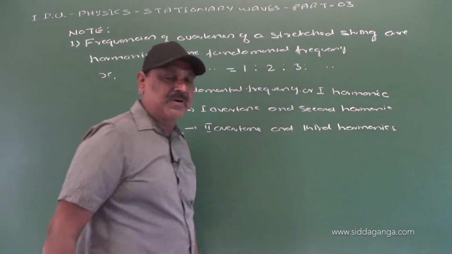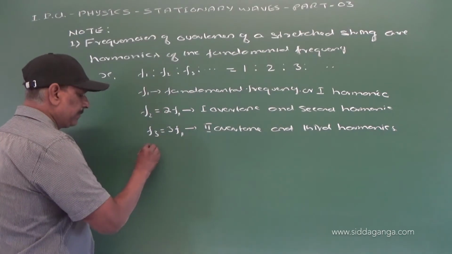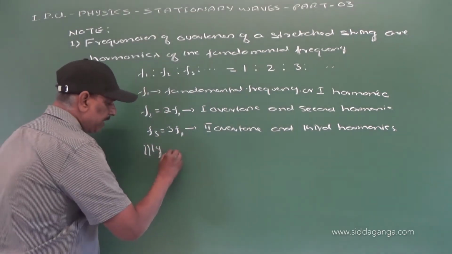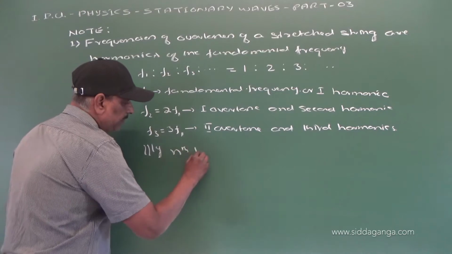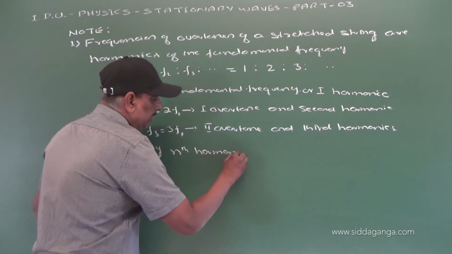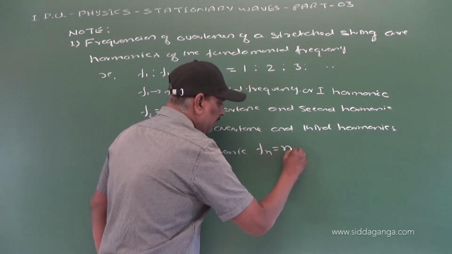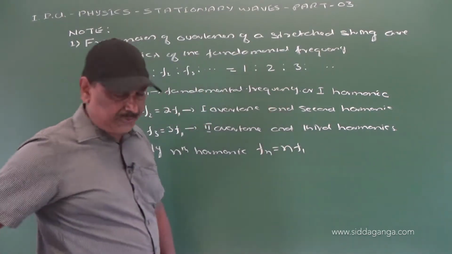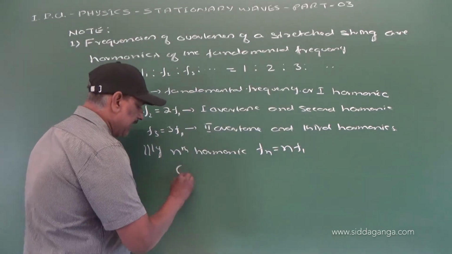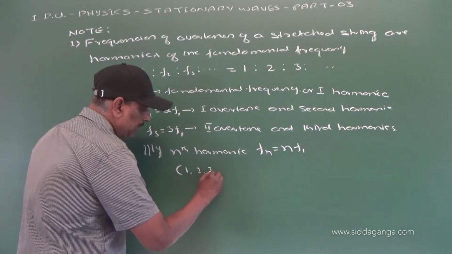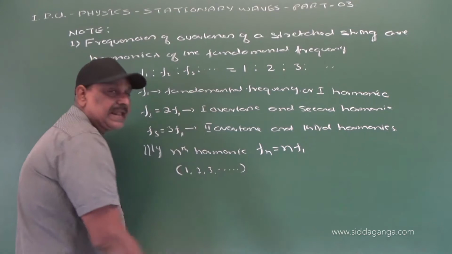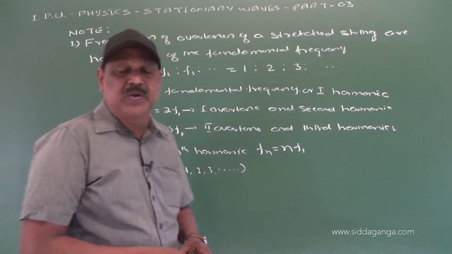Similarly, we can show that the nth harmonic Fn is equal to n into F1, where n is equal to 1, 2, 3, etc., an integer. It can never be 0 here.